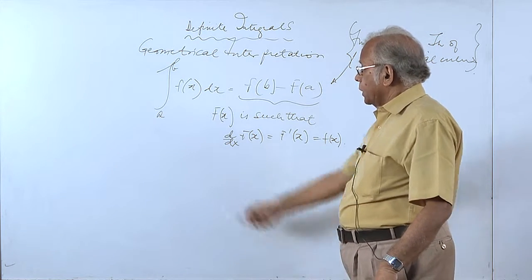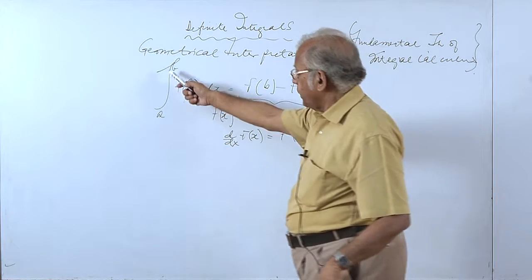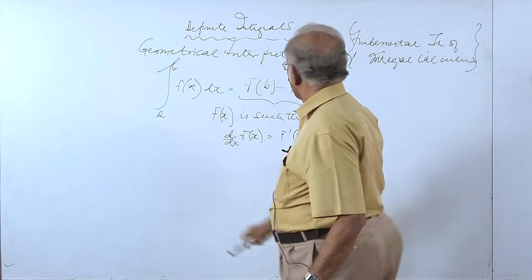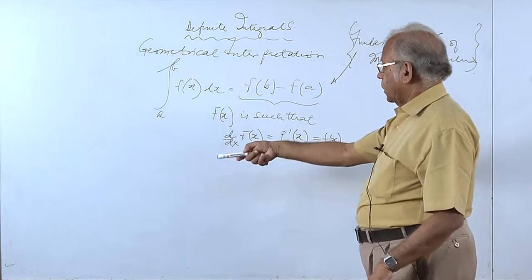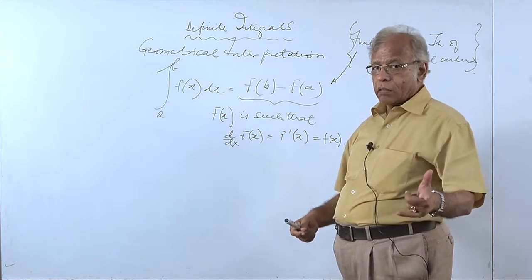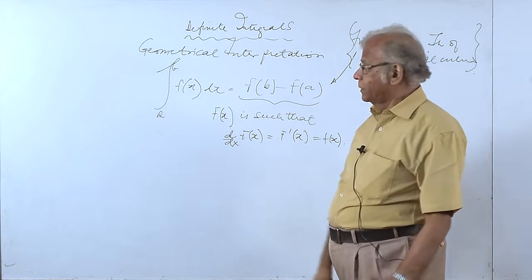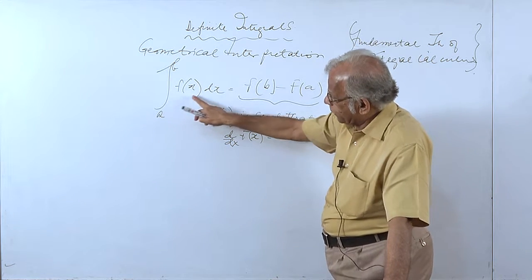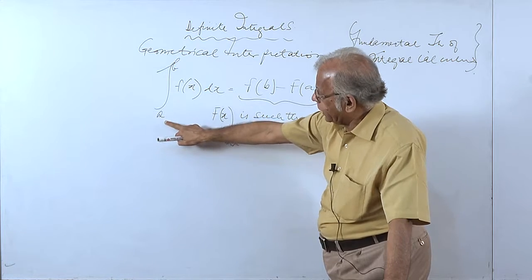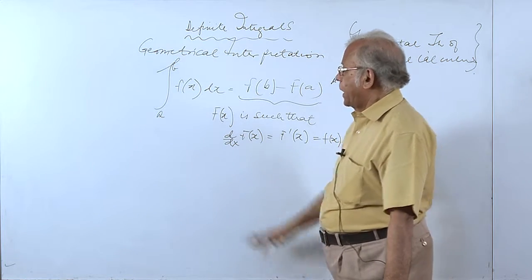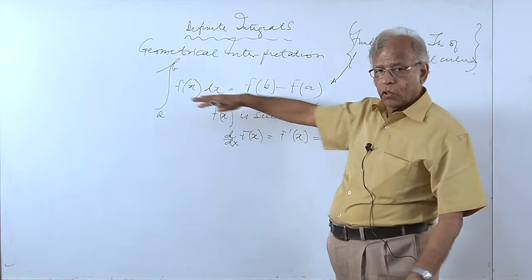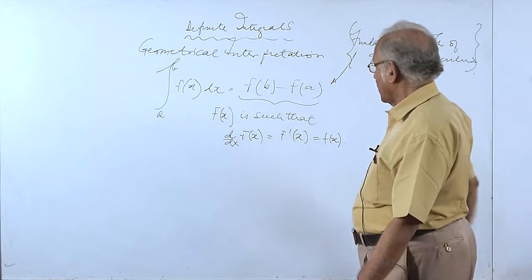And here will be written that the integral from a to b of f(x) dx, which we have done a little while ago, is the area under the curve of y equals f(x) between x equals a and x equals b and the horizontal x-axis.